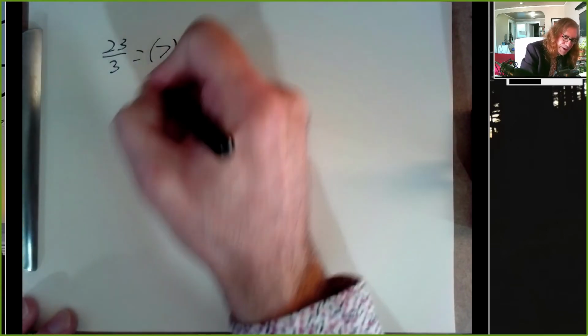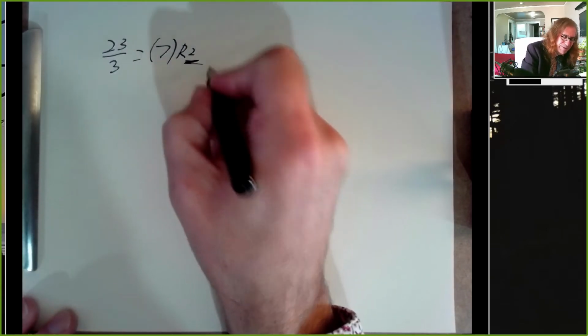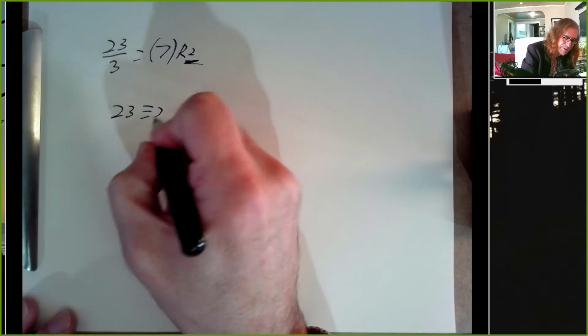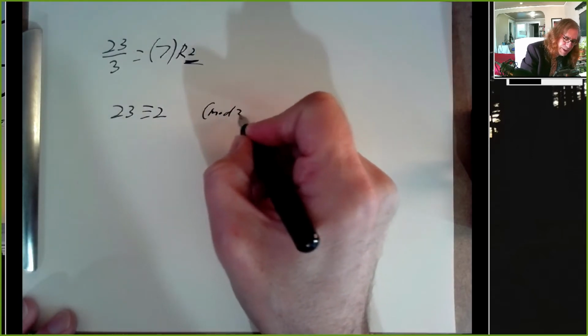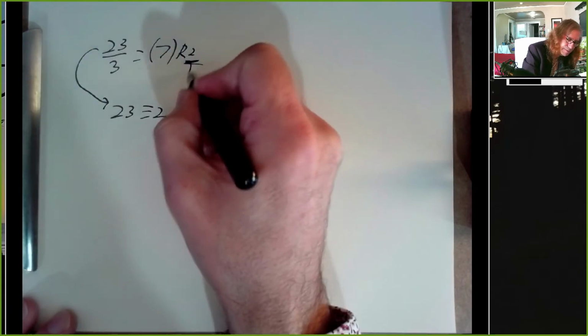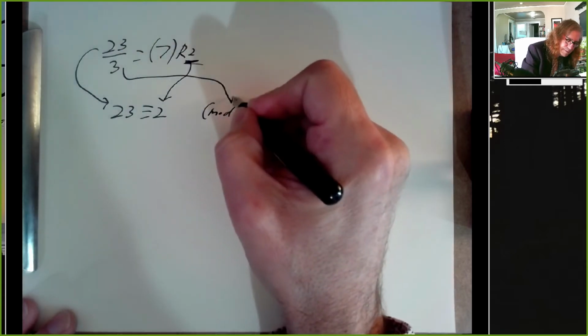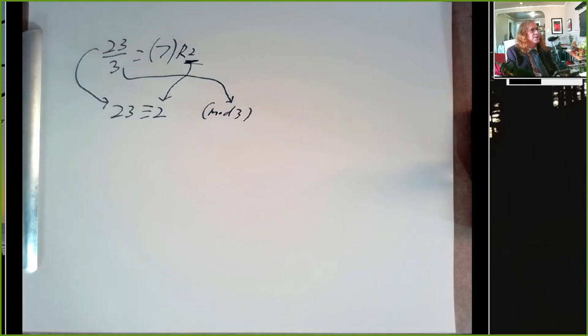We don't really care about the 7 part, we only care about the remainder. So I would say 23 is congruent to 2 modulo 3. That's really all that stuff comes down to. But we can wrap it in formalism and flowery language and make it sound much more intimidating. Really, it's just do division, take remainders.